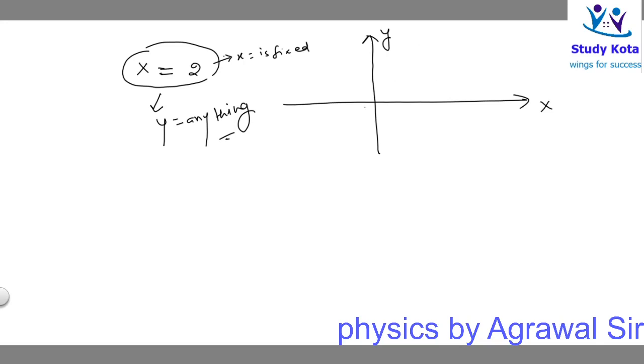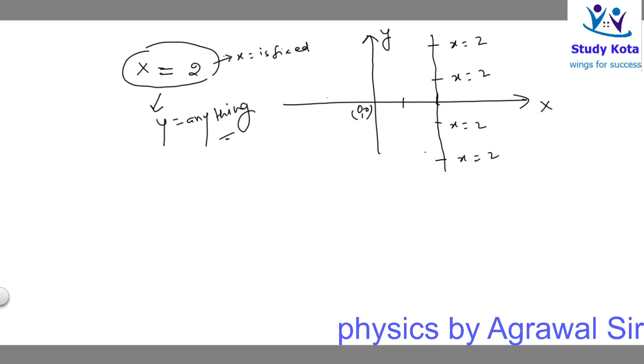So when we draw a line which is parallel to the y-axis, at every point it gives x equal to 2. y can change. y varies from minus infinity to infinity, but x should be fixed, right?